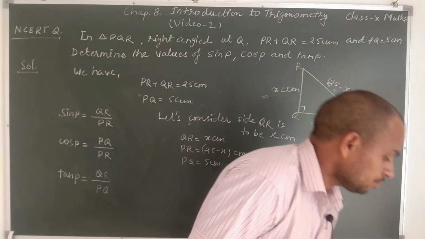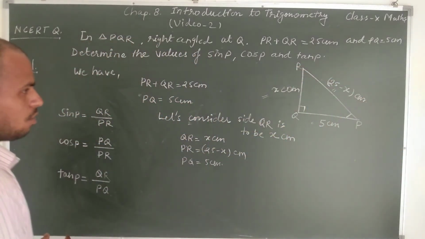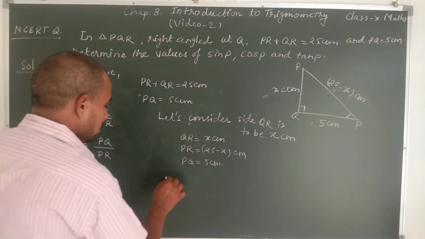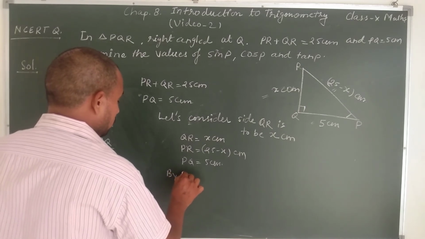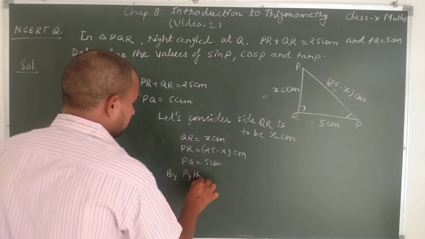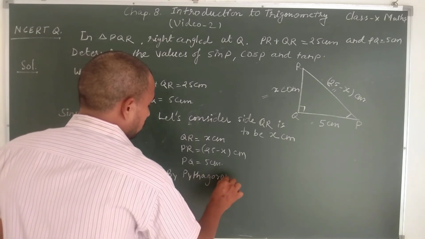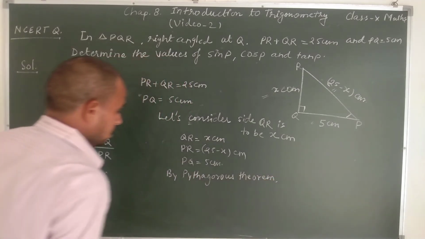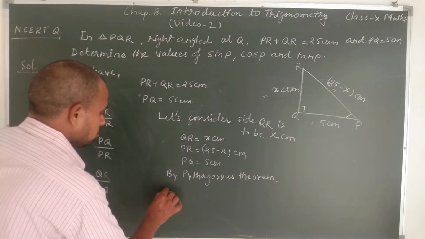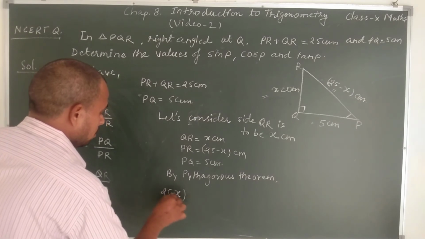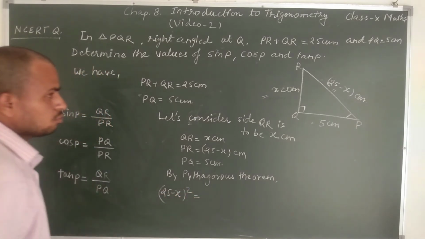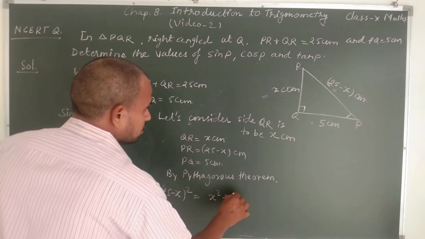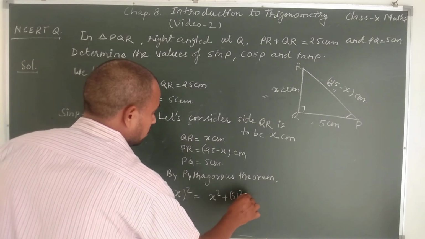By the Pythagoras theorem, hypotenuse square means 25 minus X whole square equals perpendicular X square plus 5 square.